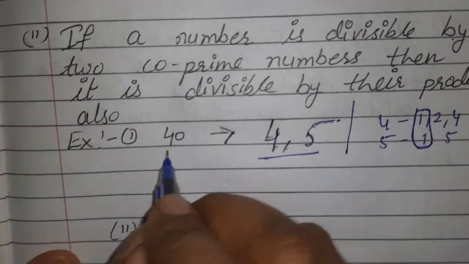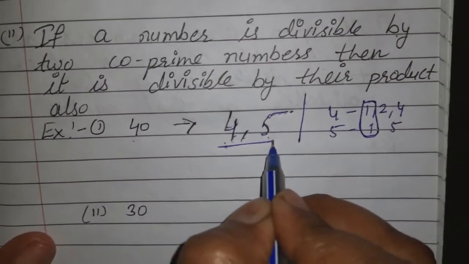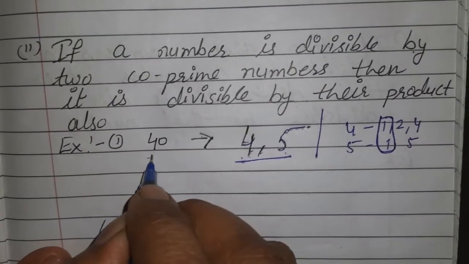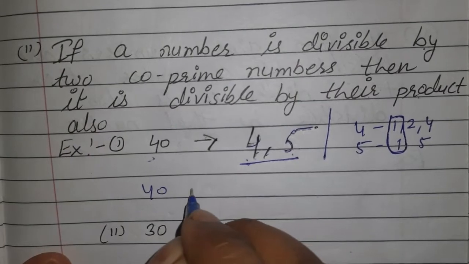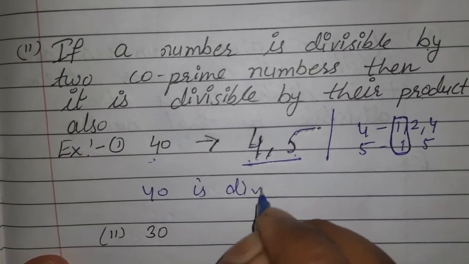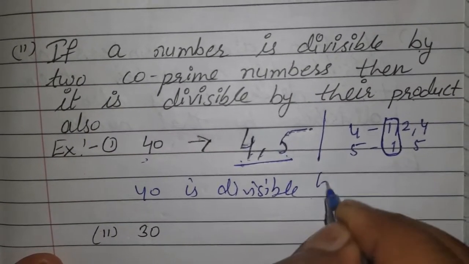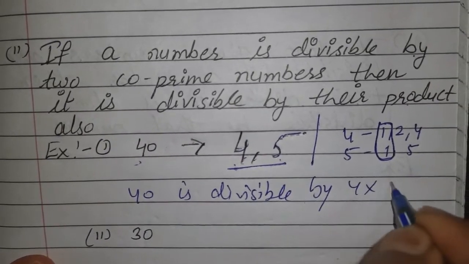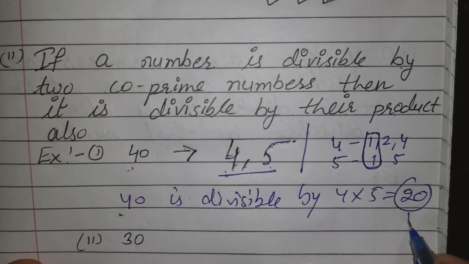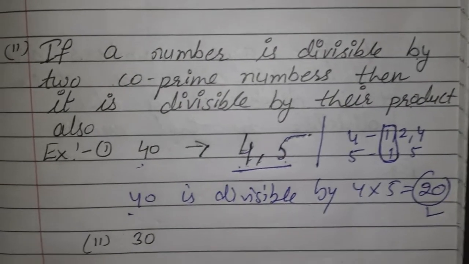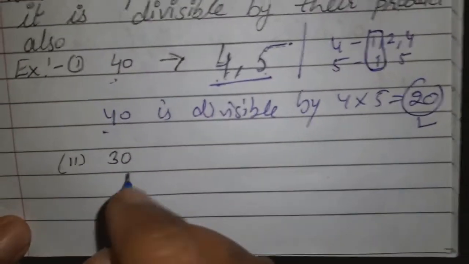So when a number is divisible by co-prime numbers, it is also divisible by their product, means 40 is also divisible by their product, means 4 multiplied by 5, that is 20, means it is also divisible by 20. Let us see the second example, 30.